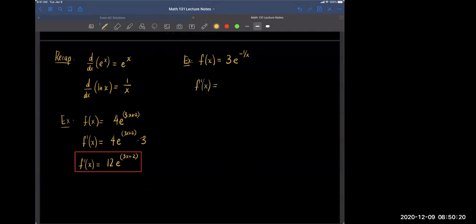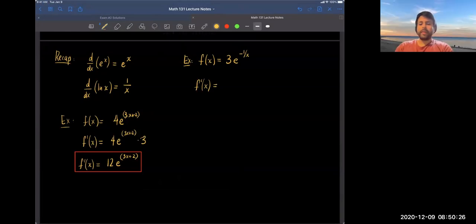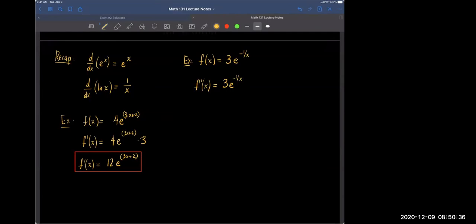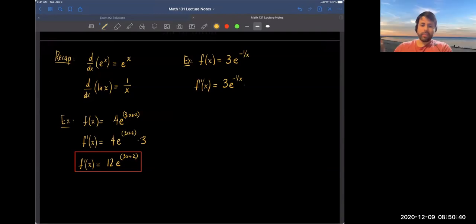Are you going to rewrite it upside down? No, you keep it the same. I keep it the same. So it's 3e to the negative 1 over x, but I need to include what? The derivative of the inner function. I need to multiply by the derivative of the inner function, and my inner function in this case is whatever the exponent is.